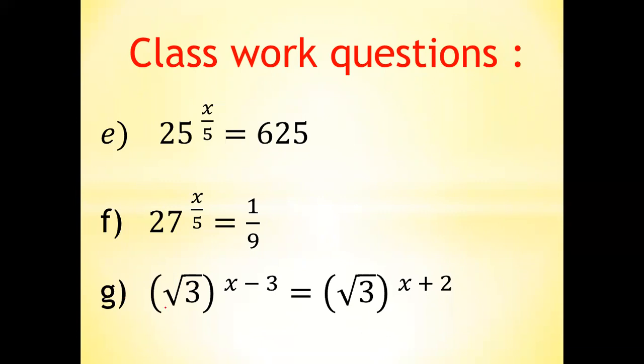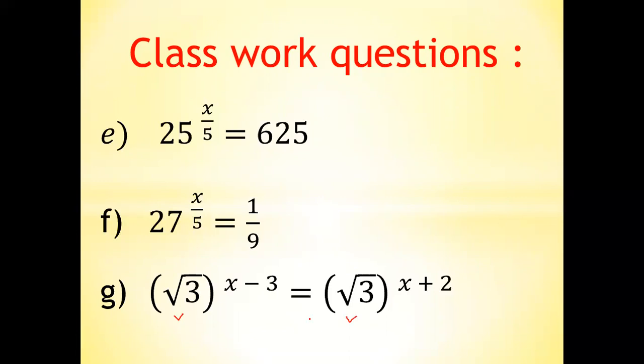You know that root is power 1 by 2. So in the next step you can easily write 3 to the power (x minus 3) by 2. That's right, root can be expressed in terms of power. Or if you don't want to deal with this kind of thing, there is base root 3 and there is also base root 3, isn't it? So why go to such a complex area?